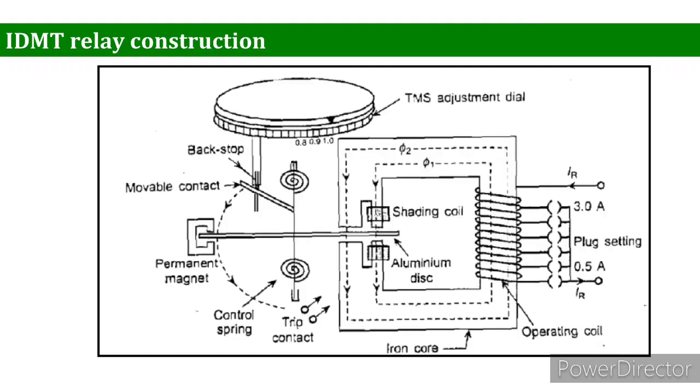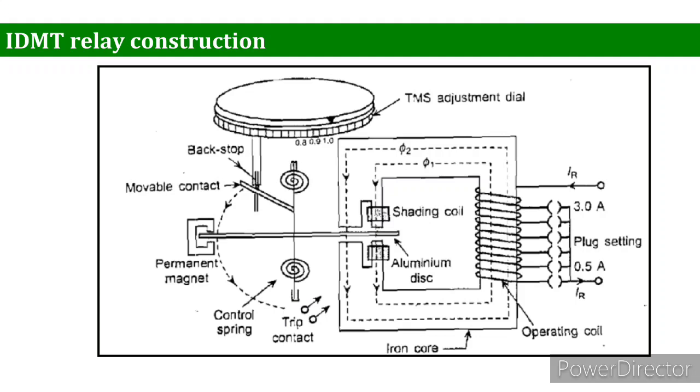Well, if we talk about the construction of this electromechanical relay, there are some basics. On the top, you can see the TMS adjustment dial, that is the time multiplier setting, which we have studied in the last slides. One more is the shading coil and the aluminum disc that we have studied in the last slide. Along with that, it has the control spring, permanent magnet, movable contact, and iron core.